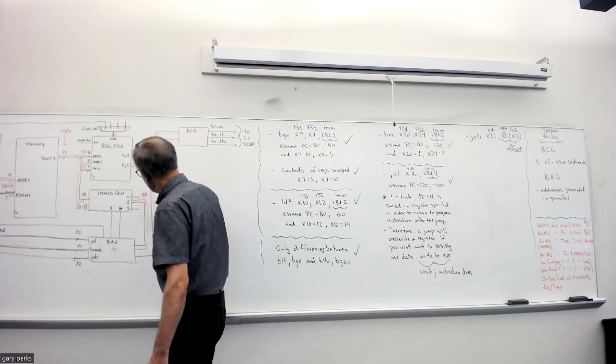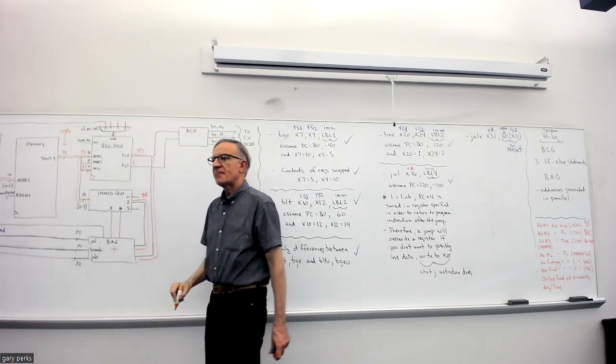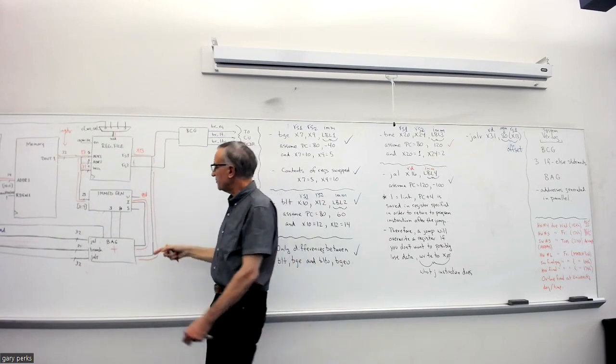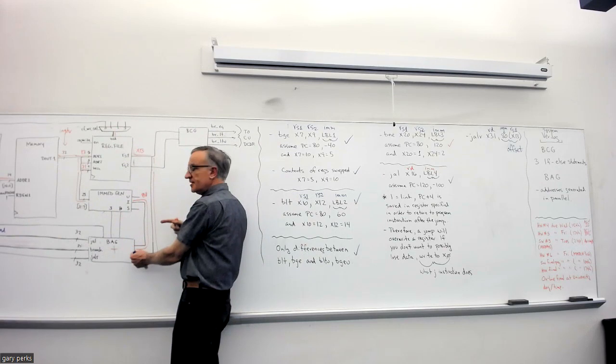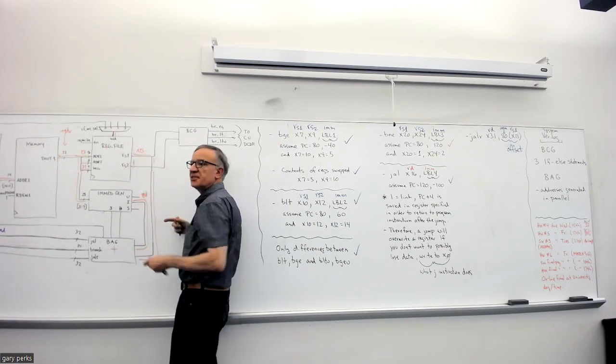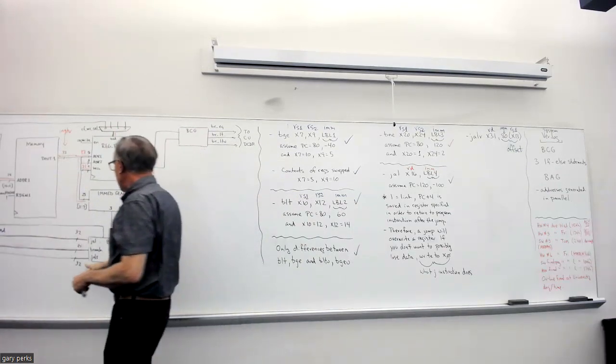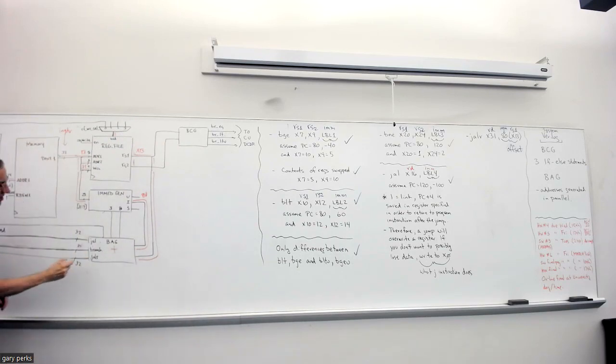And then that comes down to an input of the branch address generator. So now what the branch address generator is going to do, it's going to take this I and add it to whatever contents are in that register. So the output of JALR is just going to be, in this case, 80 plus contents of register 13.